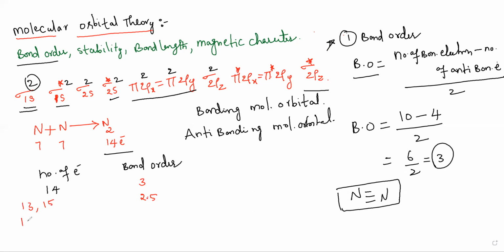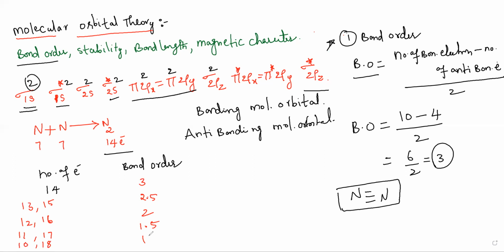Similarly, 12 electrons or 16 electrons, the bond order will be 2. And 11 electrons and 17 electrons, the bond order will be 1.5. And 10 electrons and 18 electrons, the bond order will be 1. So this is how we can find bond order.